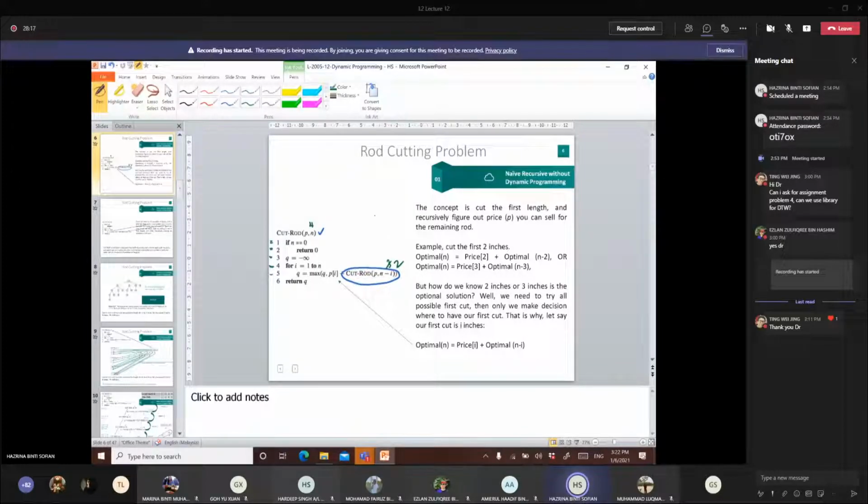So this cut rod 2 will go inside again and will do this, and it's still for i equivalent to 1. Okay, so can you imagine how deep this recursion can be? So that is why the time complexity is 2 power of n.